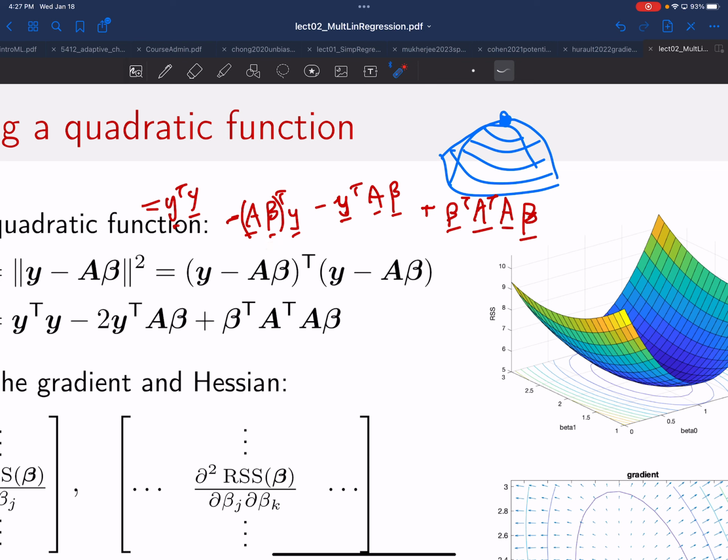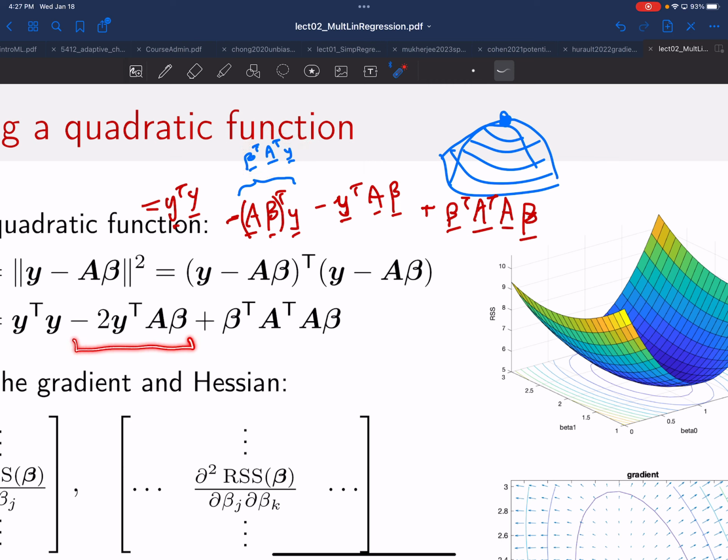Let me do it step by step. This would be beta transpose A transpose y. And now, when you transpose this entire thing, you get y transpose A beta. Right, so finally, we can see that this and this are the same, and we can write them together as minus 2 times this.